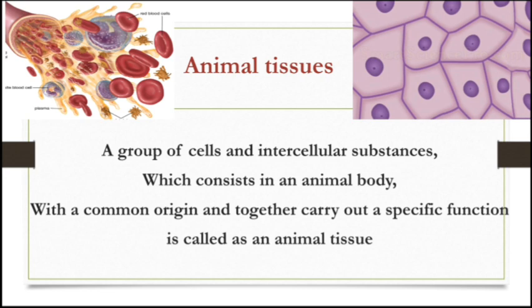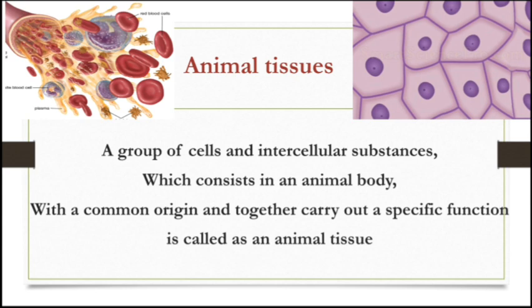For example, this blood tissue carries out a specific function, and the function is transportation. Hormones, respiratory gases, nutrients, and some medicines are also transported through blood tissue.